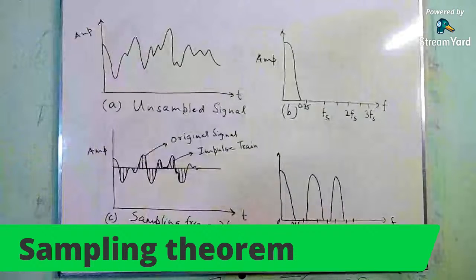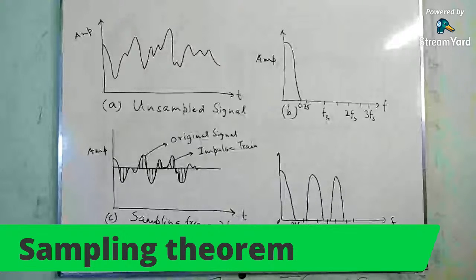We find this spectrum is the duplication of the spectrum of the original signal, and each multiple of the sampling frequency, that is fs, twice fs, thrice fs, fourth fs, etc., has received a copy to the left and right of the original frequency spectrum.